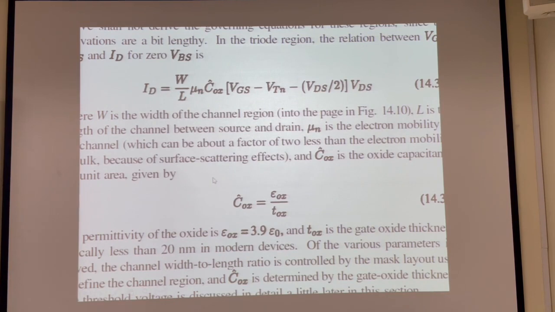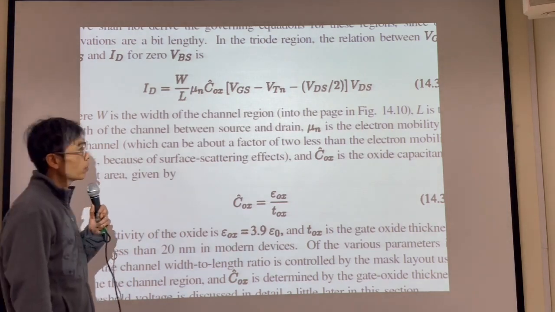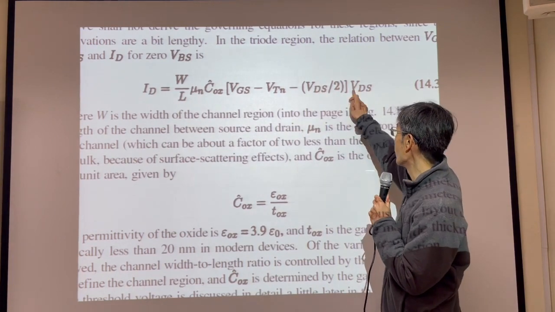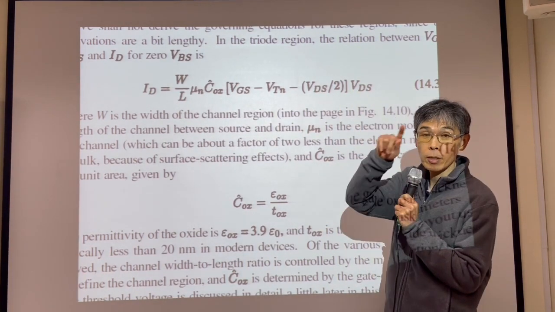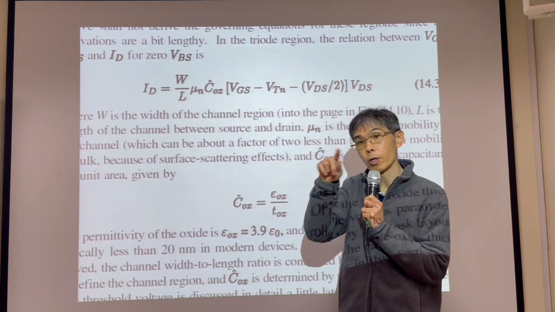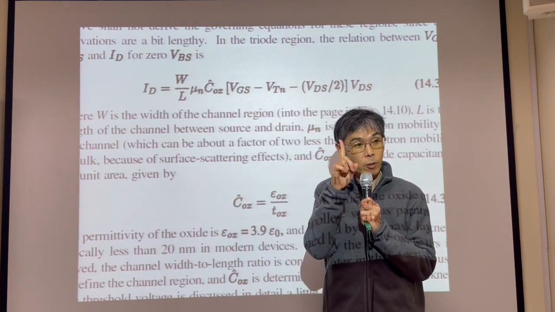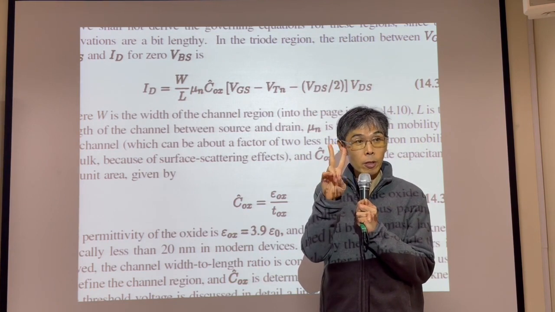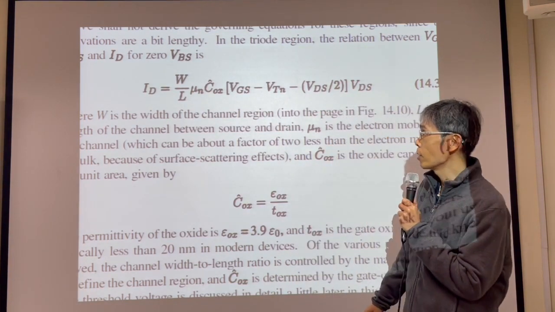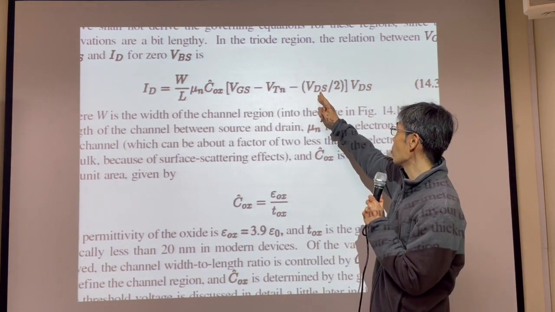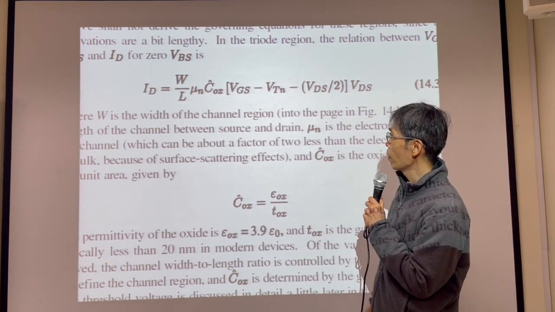This is the large signal model of a semiconductor device. See, you have VDS, you have VDS, which means you have something squared. If you have a square, it's not linear anymore. Linear is first order only. Second order is nonlinear. So this is the equation for drain current versus drain voltage.